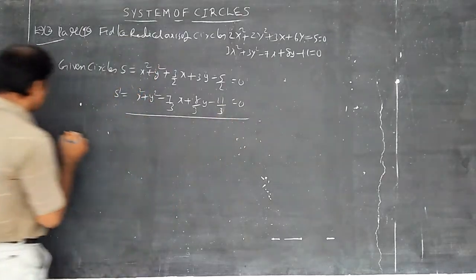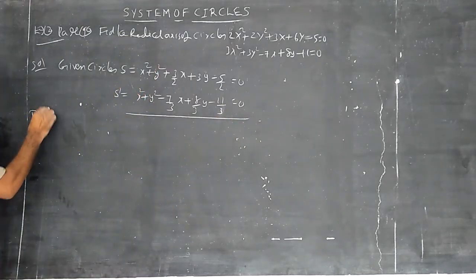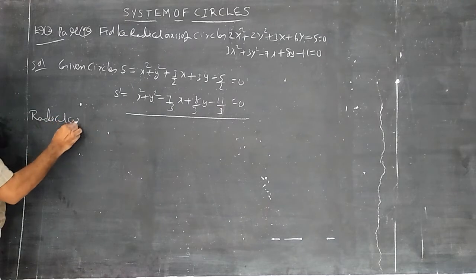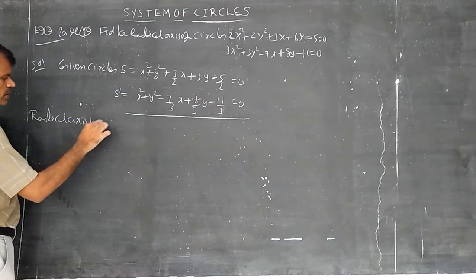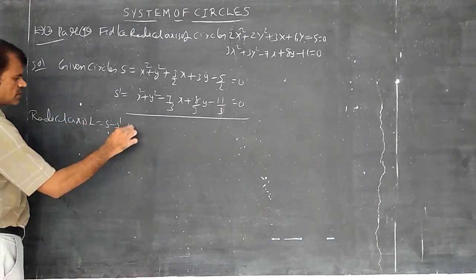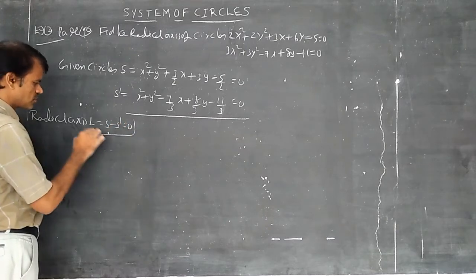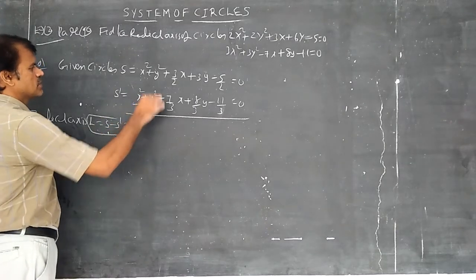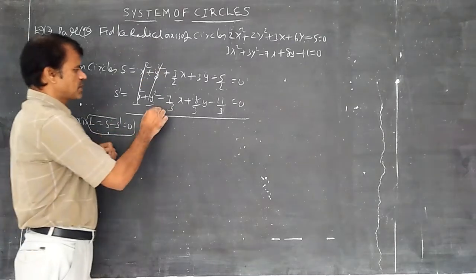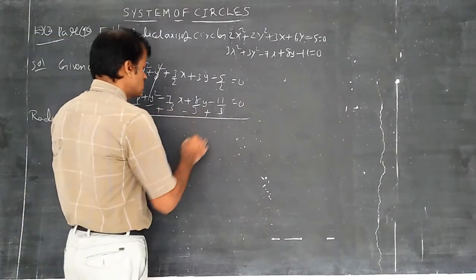Now the formula of the radical axis. The radical axis is a straight line, L is equal to S minus S dash equal to 0. Minus is there, it gets cancelled and becomes a plus, and this is minus and this is plus.